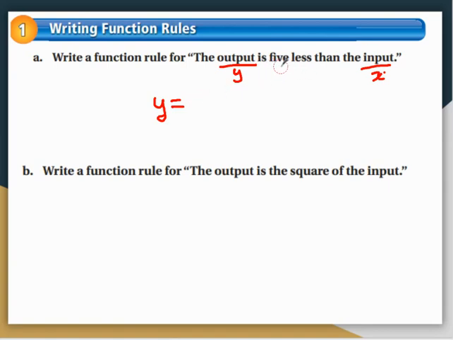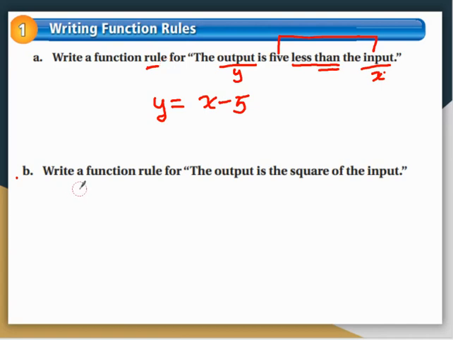Before I write my 5 down, I see here it says less than, and remember that word than means we have to switch the order of the thing in front of it and the thing behind it. So instead of putting 5 minus x, we're going to put x minus 5. Just like that. So that should be your function rule. Remember, rule means an equation.